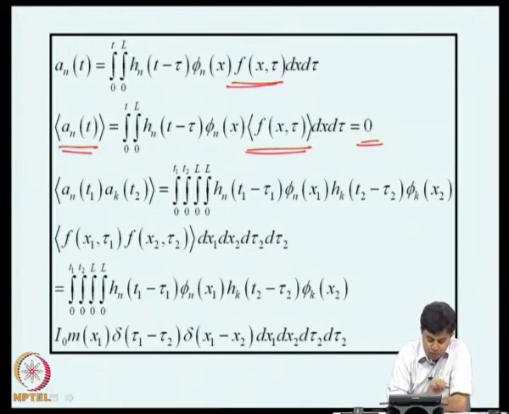Now, you consider two generalized coordinates a n of t and a k of t, and you consider a n of t1 and a k of t2, and I want now the cross covariance between these two quantities.